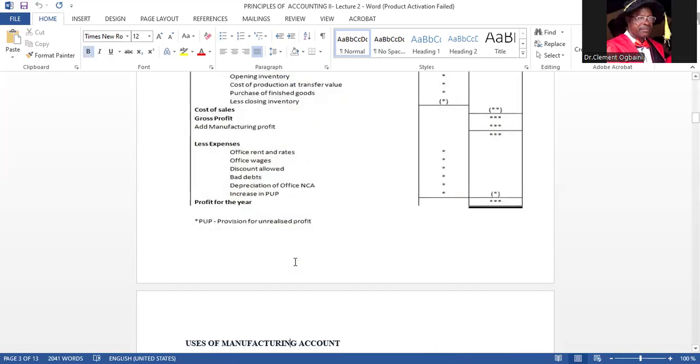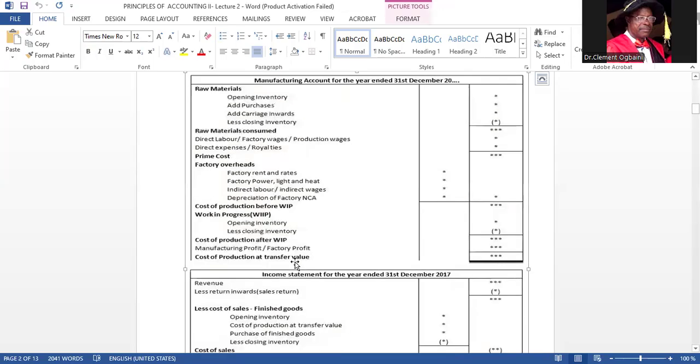So if we now have cost of goods produced, it is then we continue with our normal trading profit and loss account. We can add opening stock of inventory, that is opening stock of finished goods.